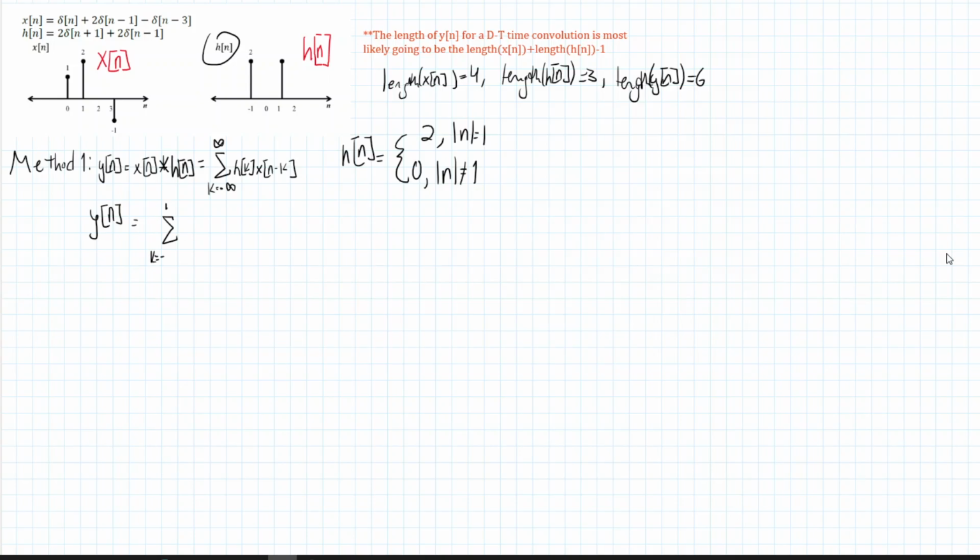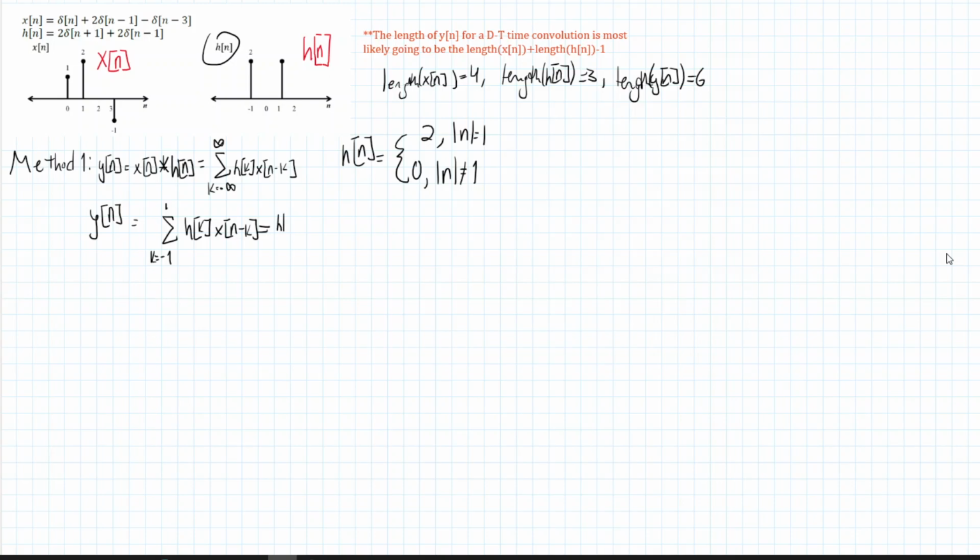k equals negative 1 to 1 of h of k x of n minus k. We'll just write it all out so we can see the whole process. What we're going to do now is write out the sum. We'll replace k with negative 1 and then 0 and then 1.